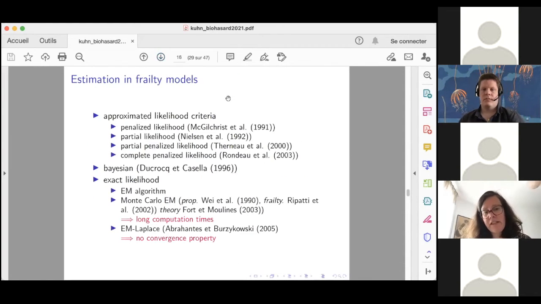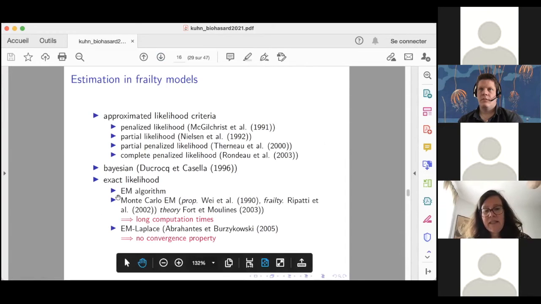And so in frailty models, there are many propositions. You have a few propositions based on approximated likelihood criteria. I will not go into the details because of time. You also have Bayesian approaches and some exact likelihood methods based on the EM algorithm and stochastic versions, which have been proposed.